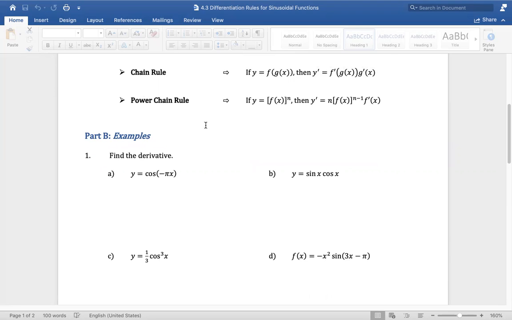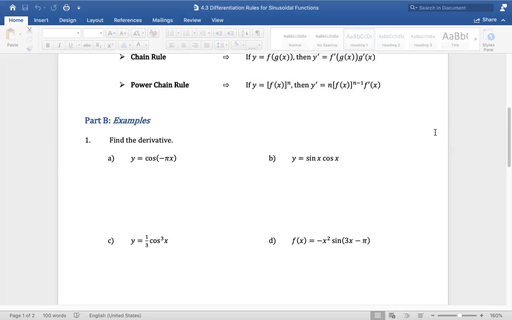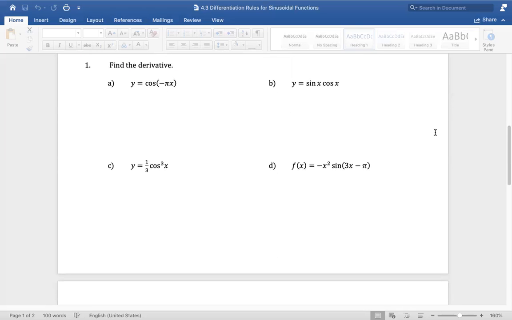The power chain rule, if I have a function placed in brackets to an exponent, then again, to get the derivative of that function, I bring the exponent out in front like always, leave the function the way it is, do one less on the exponent, but then multiply that by the derivative of the inner function, okay? So let's do some examples here. I think I'm just going to move this up to try to fit all 4 in at once.